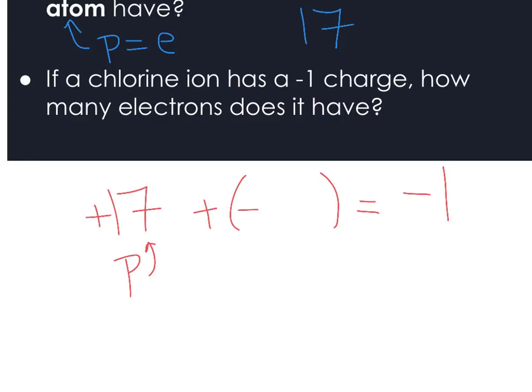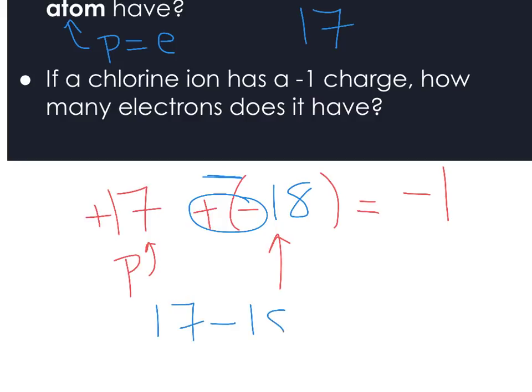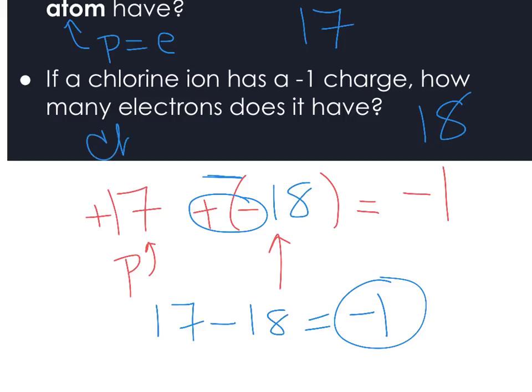So 17 plus what negative number will result in a -1 charge? 17 plus 18, remember this guy comes out to just a negative. This is a confusing way to write this. It's really just this. 17 minus 18 gives us a -1 charge, meaning that we have 1 extra electron on the chlorine ion, also called chloride.